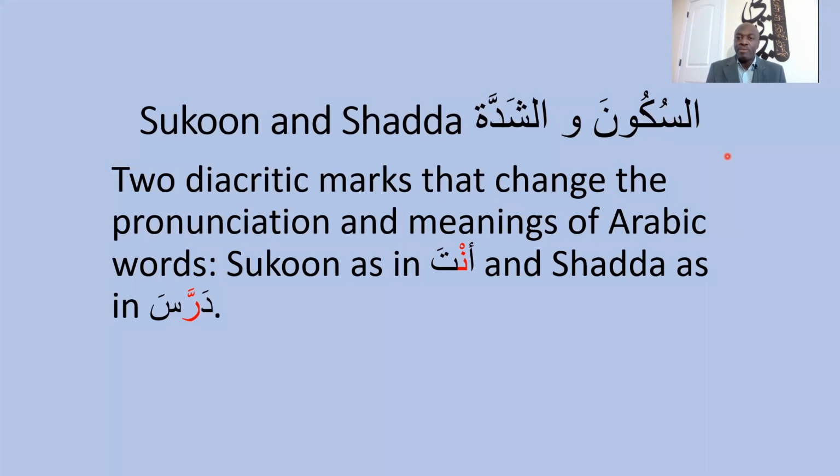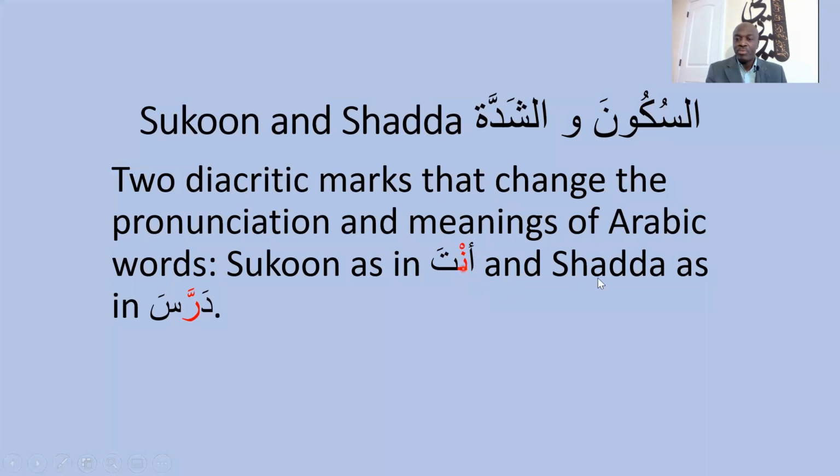And these two diacritics are sukoon, as I said, and shadda. See a little circle here, like the letter O in English. So the sukoon only goes on top or above a letter, never underneath.